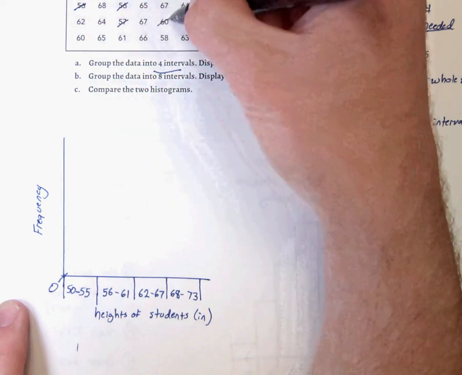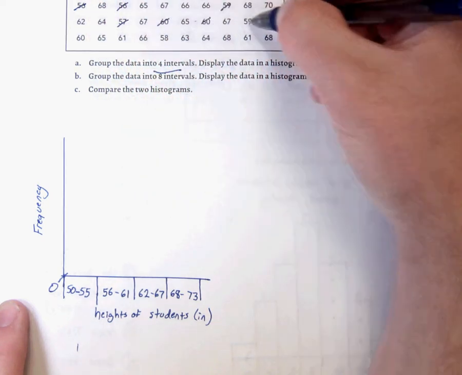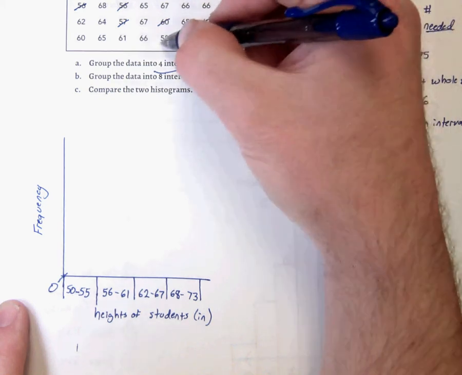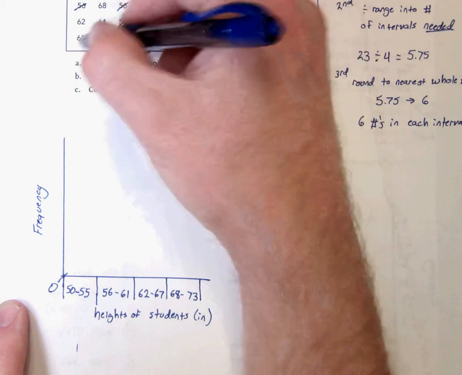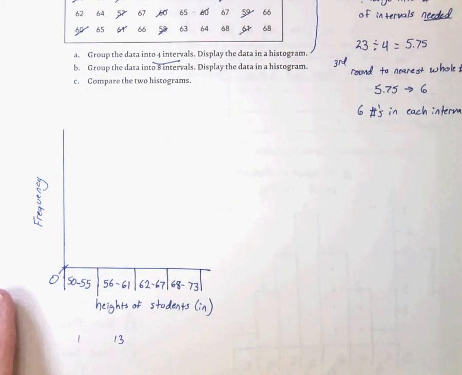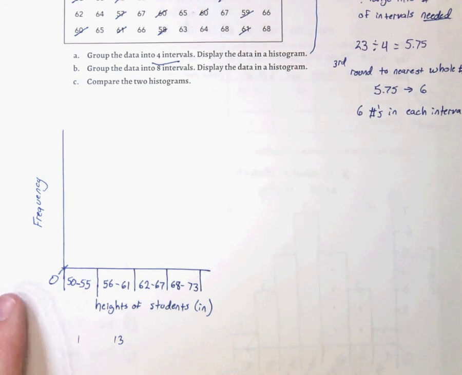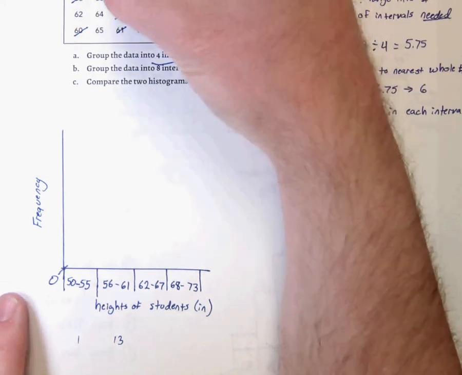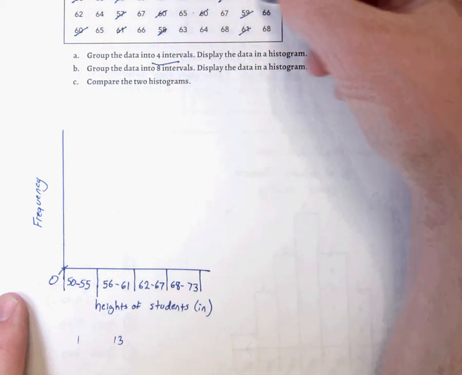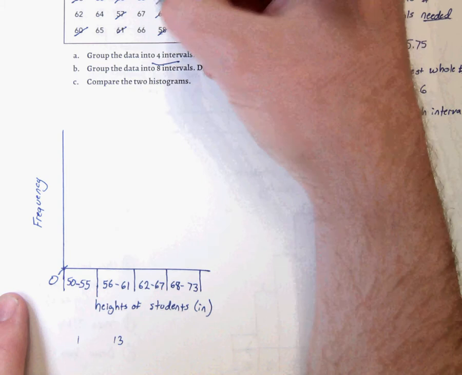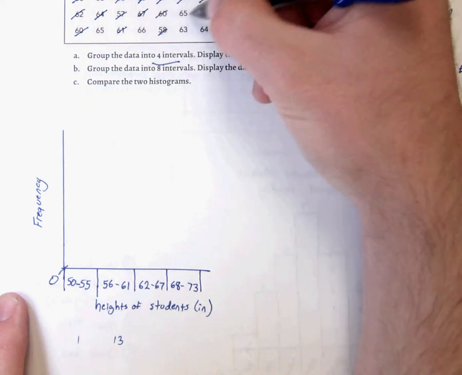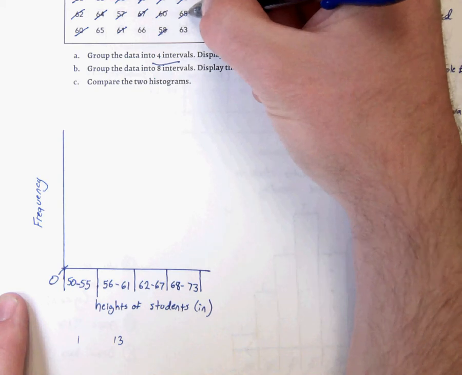So I know 13 kids will go in that. Next, 62 to 67: 1, 2, 3, 4, 5, 6, 7, 8, 9, 10, 11, 12, 13, 14, 15, 16, 17, 18.